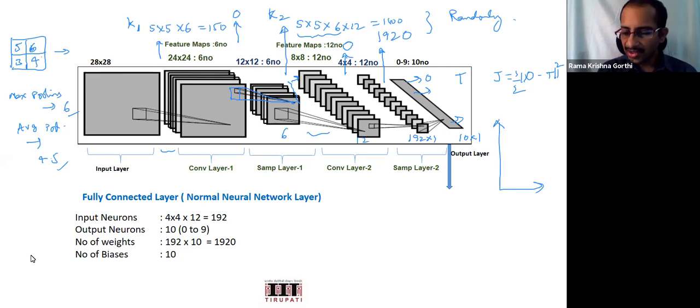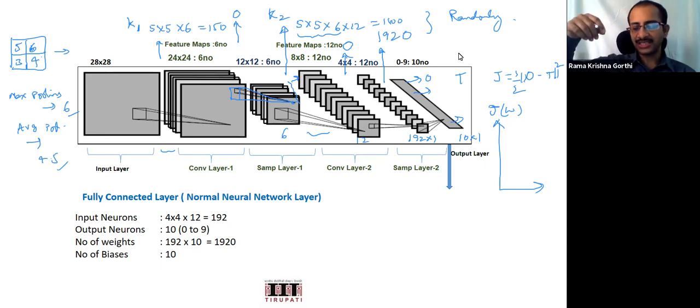So what we are essentially doing is, J is a function of W, and we are trying to minimize J, the error or cost function, parameterized by all the weight elements. Roughly 4,000 weight elements are there. So we are trying to find an optimum value for the cost function in 4,000 dimensional space.